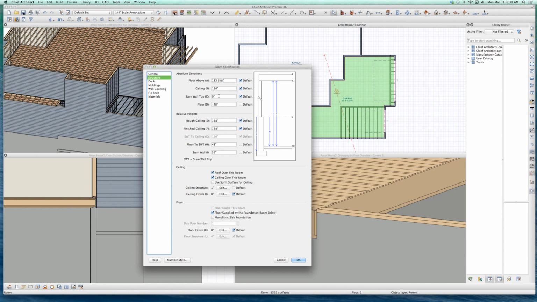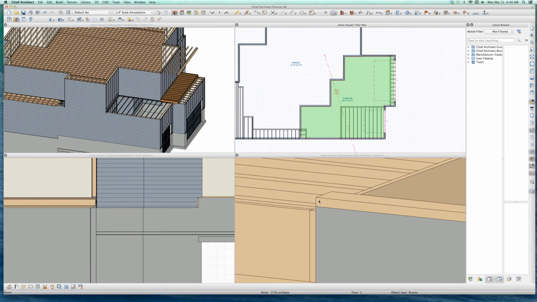The stem wall top includes the sill plate, so I'm adding 1.5 inches to the top of the stem wall. Now my sill plate on my stem wall will be at the same level as the sill plate of my walls at the floor.